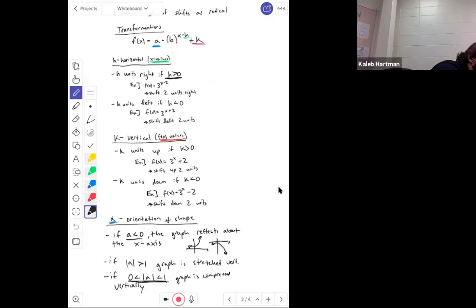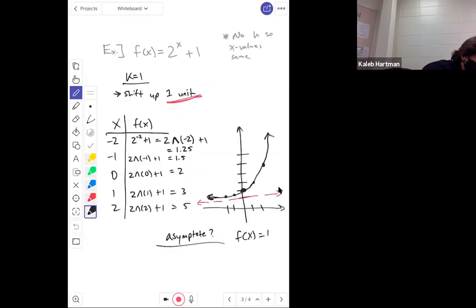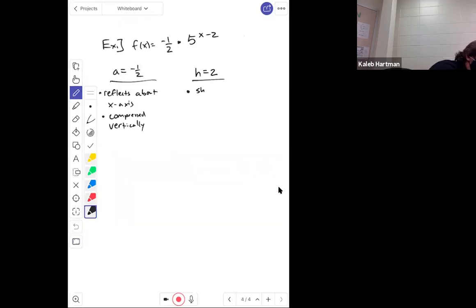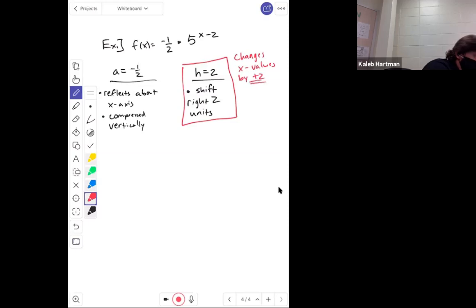If h is positive 2, greater than 0, it shifts us right however many units of h. So this is a shift right 2 units. That shift right 2 units is going to change the x values that we plug in.